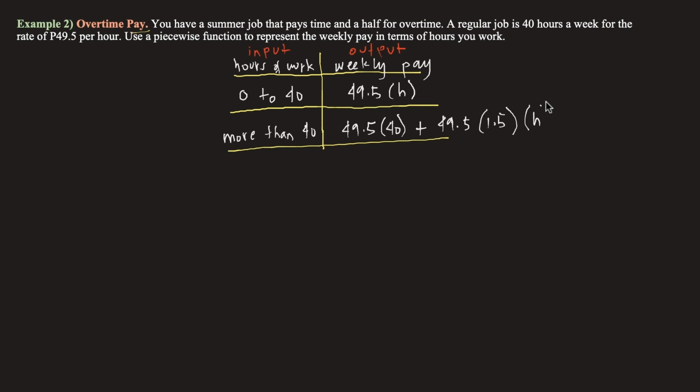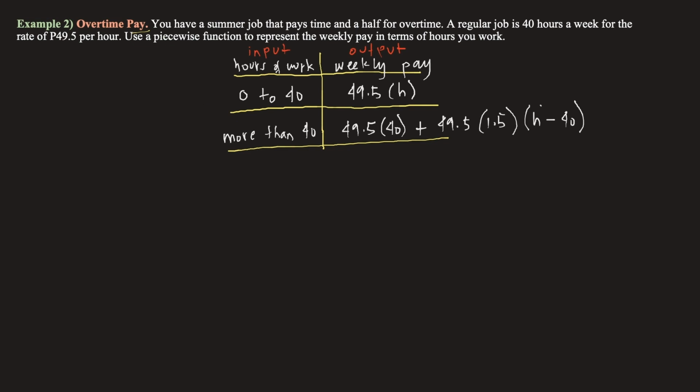The regular number of hours of work, 40 hours, plus the overtime. But in this second part, the second term of our condition needs only to be calculated for the number of hours in excess of 40. So you have to write H minus 40.